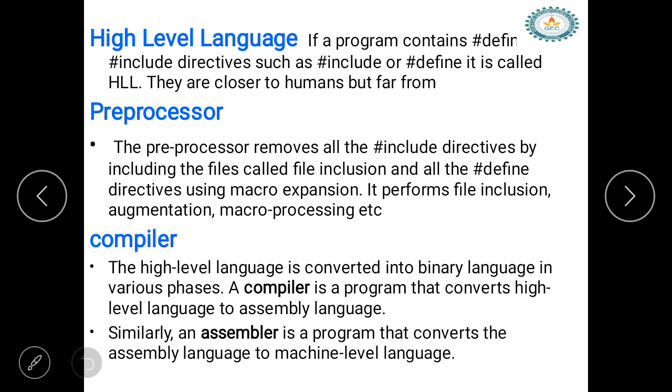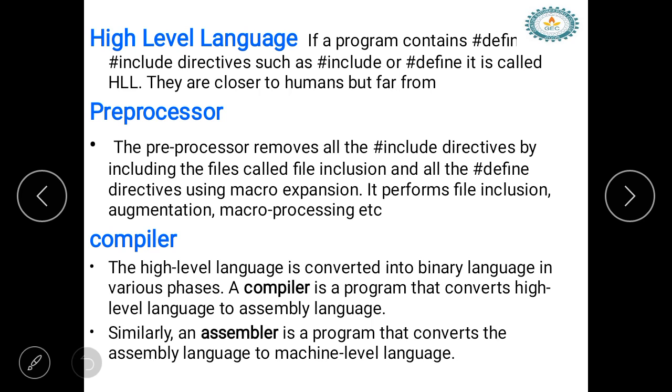Preprocessor. The preprocessor removes all the include directives by including the files, called file inclusion, and all the define directives using macro expressions. It performs file inclusion, augmentation and macro processing.